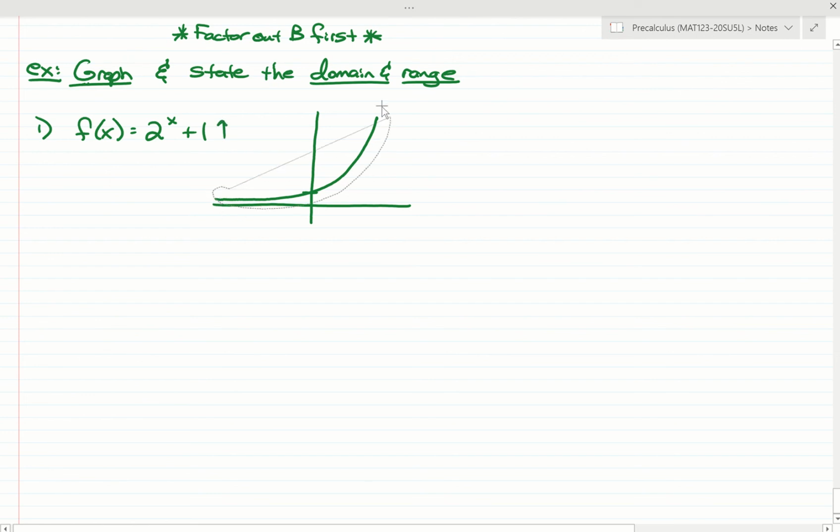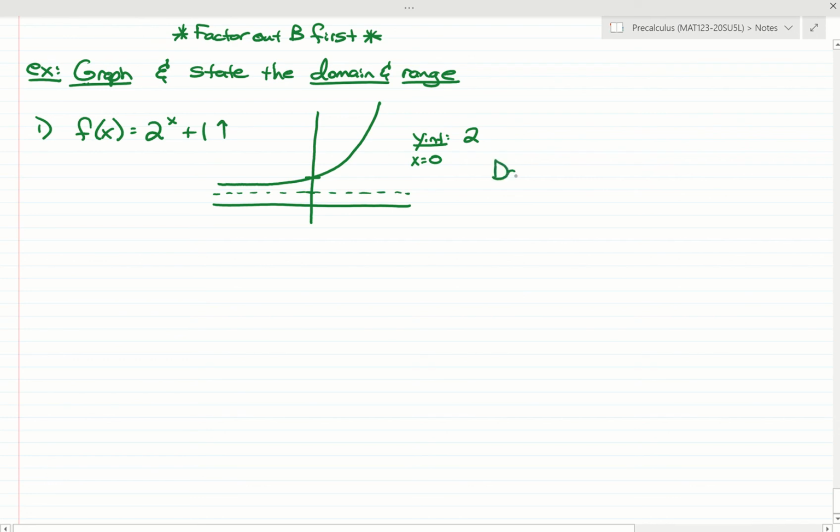So our y-intercept that was 1 is now going to be 2. You're moving everything up 1, right? So our y-intercept, I mean, you could even put 0 in for x if you want. You get 1 plus 1 is 2. The horizontal asymptote was at 0, but if you move it up 1, it's going to be at 1.